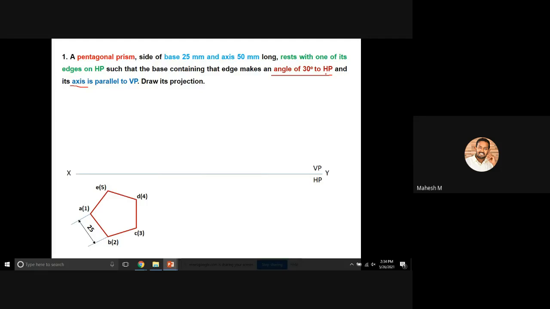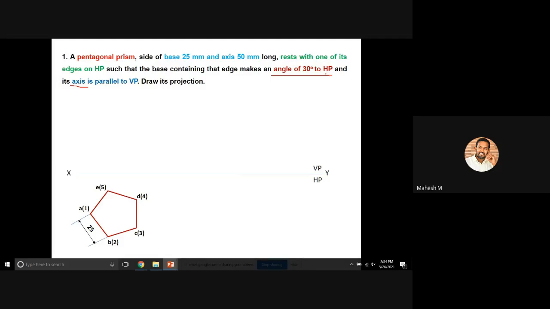So you need to mark that particular axis. For creating an axis of this pentagon, I will tell you how in my next class. I don't want to confuse you now, so I am going to explain this diagram without an axis.